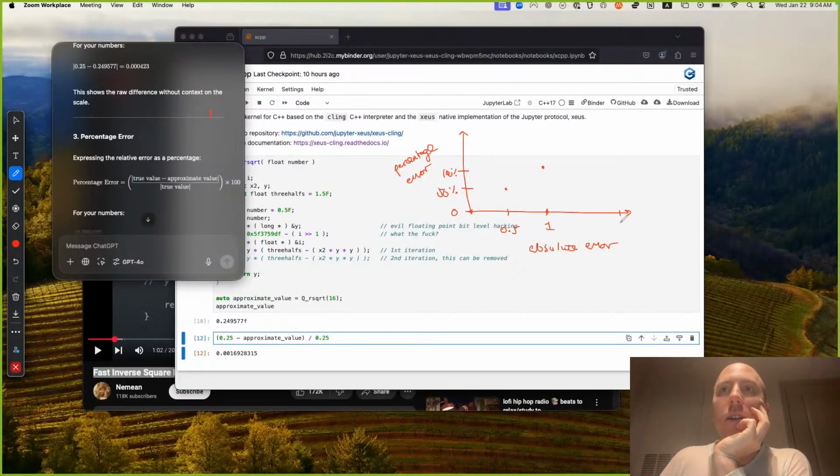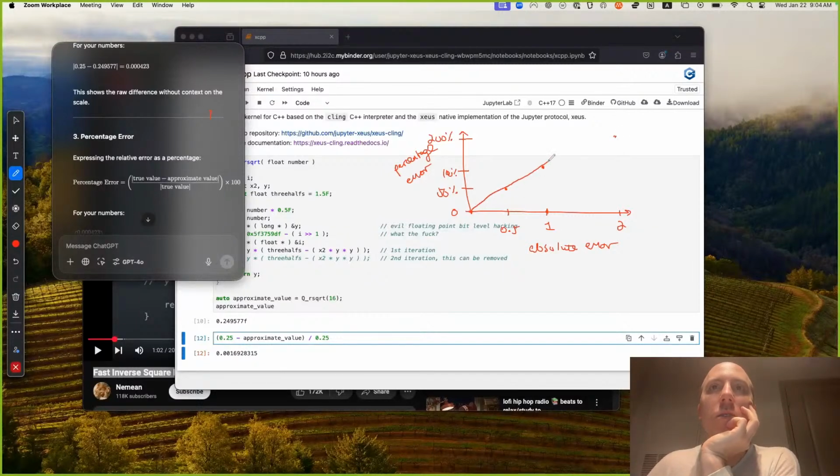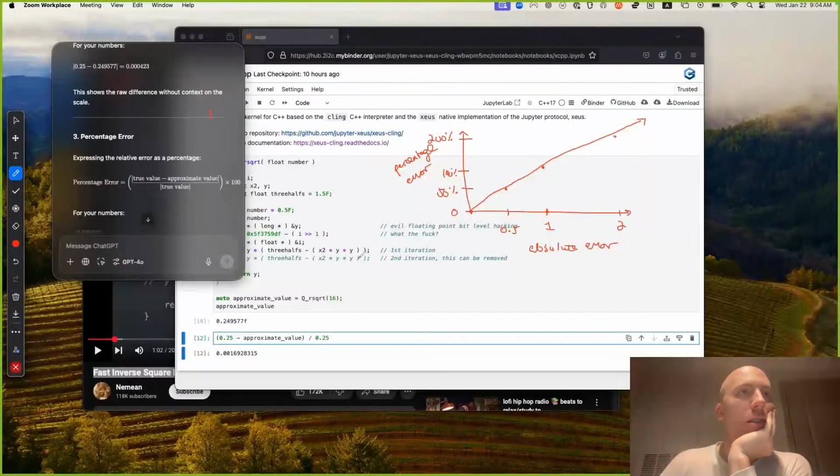If the absolute error is 2, then we get 200% error. So this graph is basically just a straight line. Just trying to get some intuition for the error calculation here.